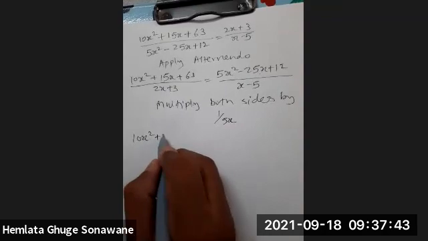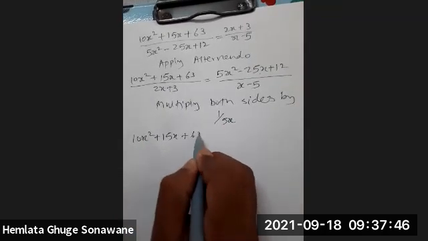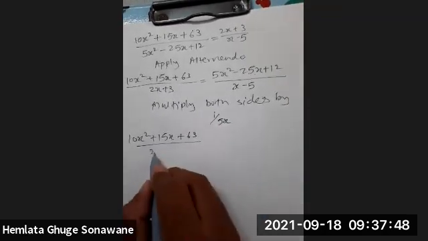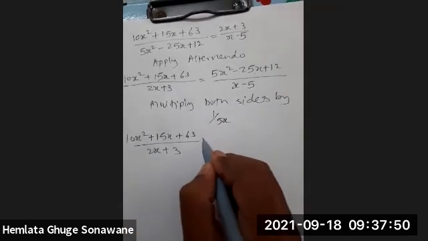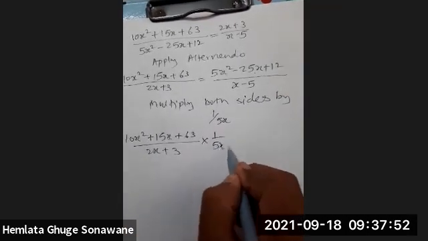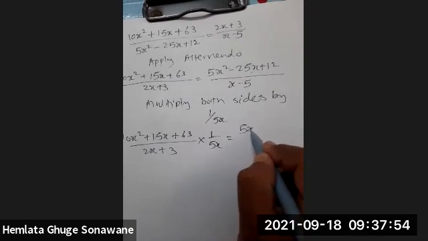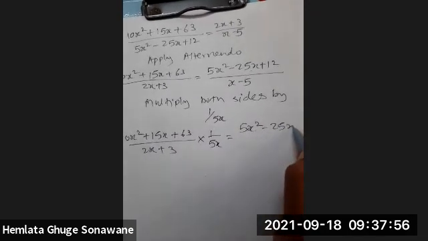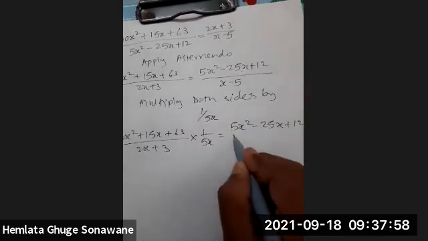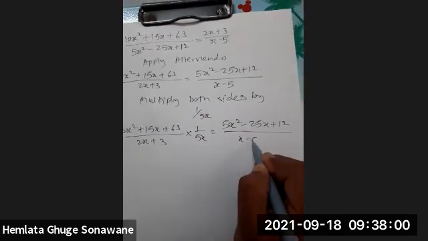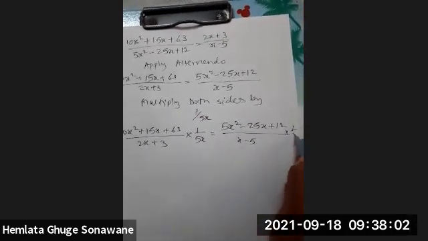10x square plus 15x plus 63 upon 2x plus 3 into 1 upon 5x, equal to 5x square minus 25x plus 12 upon x minus 5 into 1 upon 5.